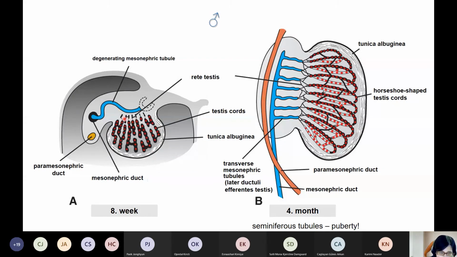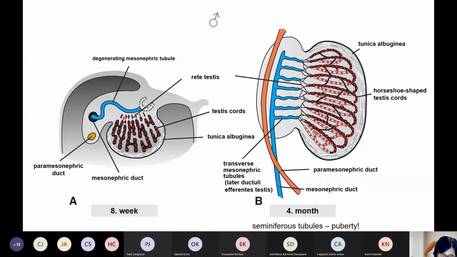On the 7th and on the 8th week, we can see them already. The testis cords found close to the hilus parts of the testis will become fine, and they will give a fine network of cell lines, and later they will give the rete testis.